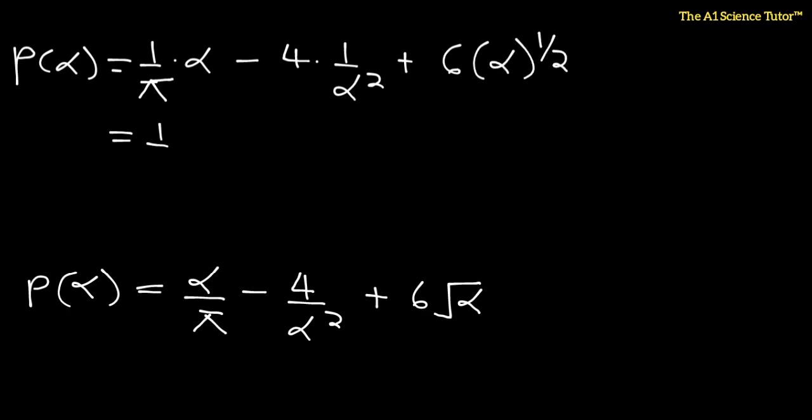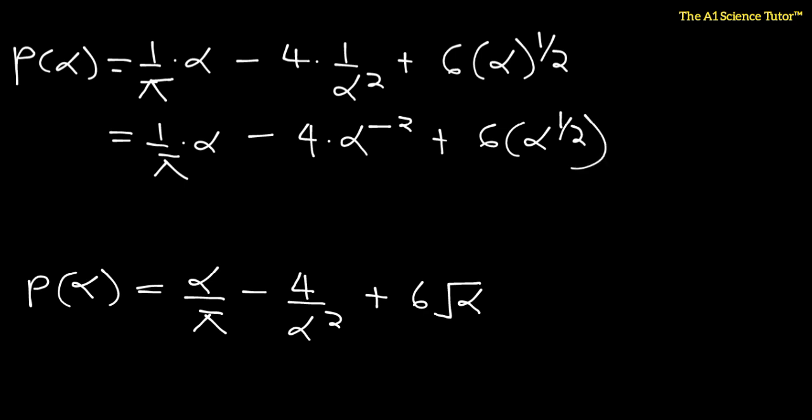Now I know that this could be rewritten as minus 4 multiplied by alpha raised to the power of negative 2, and then 6 multiplied by alpha raised to the power of 1 over 2. So this is what I need to differentiate.